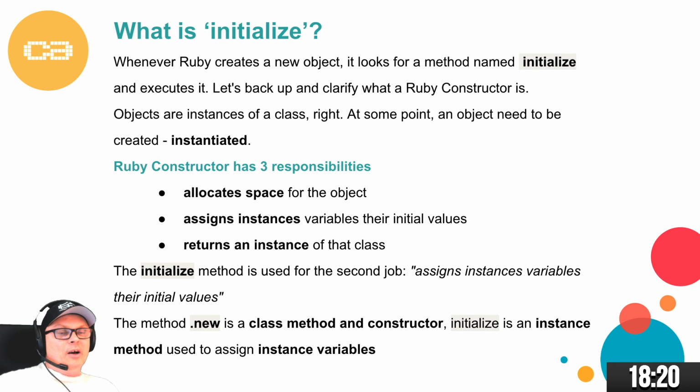Now in Ruby, whenever an object is created by you based on a specific class, this constructor is invoked, and it has three responsibilities, of which only one is relevant to you as programmers. The first one, allocating space for the object in the computer's memory, is done automatically. You don't have to worry about that.